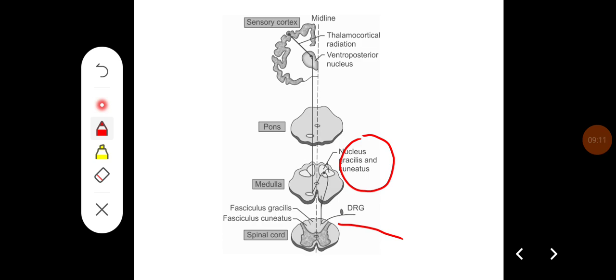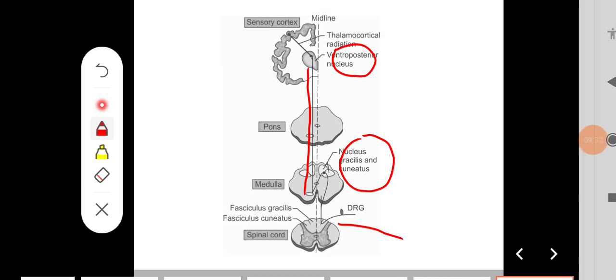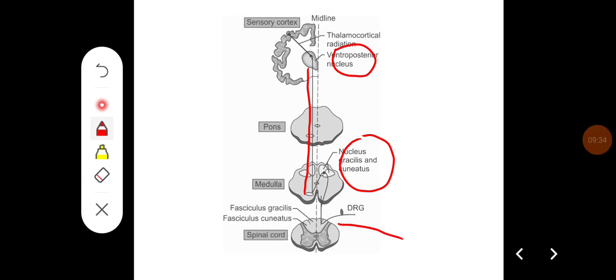From there, the second order neurons decussate in the medulla to reach the opposite side, and then ascend up to reach the ventroposterior nucleus of the thalamus. The third order neurons go from the thalamus to the sensory cortex, that is areas 3, 1, 2. So this forms the dorsal column tract.